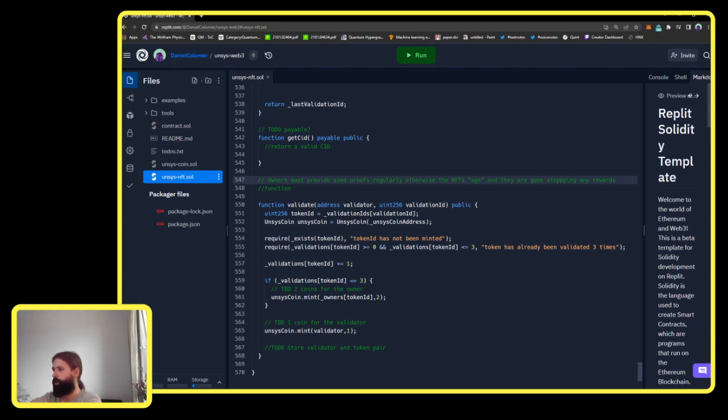So the owner has to regularly prove that there is something in there, and that it's not a cat video. And that means there's this kind of money involved.